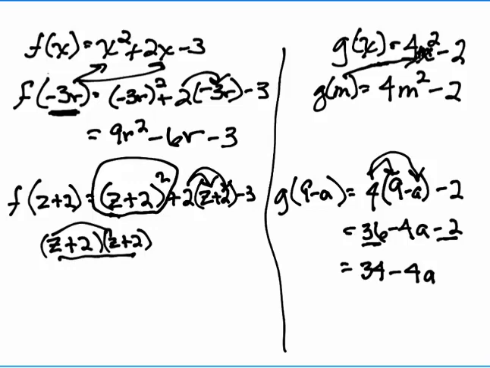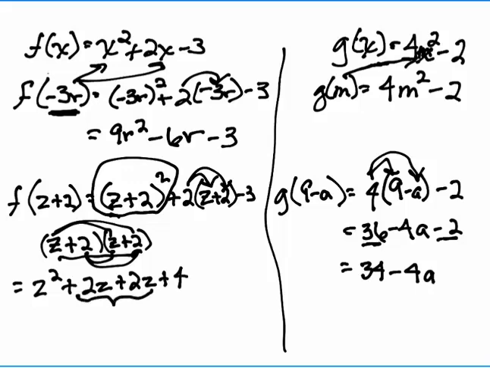So you FOIL it. Z times z is z squared. Z times positive 2 is a 2z. 2 times z is a positive 2z. 2 times 2 is 4. So here, the only thing we have to do is combine our like terms, and we end up with z squared plus 4z plus 4.